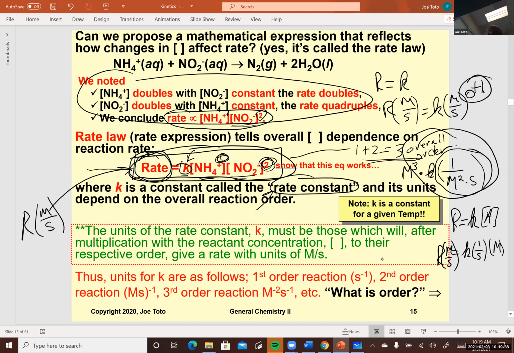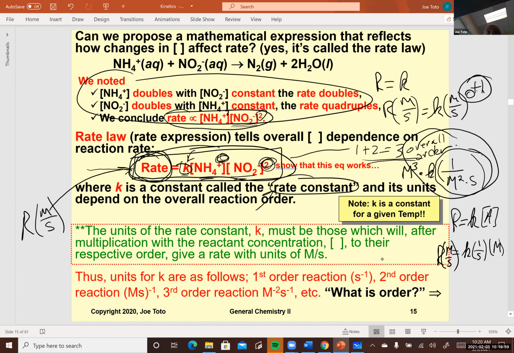Are you guys getting the hang of this? I'm confused with the 0 order one. Why is it 0 plus 1? I don't see where you're getting the +1. This is just, I'm just talking about an overall 0th order.